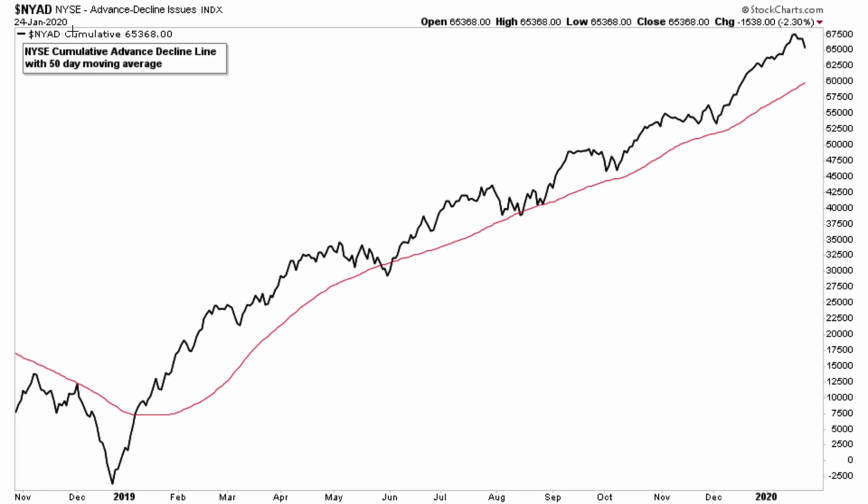This is the NYAD, which is the advance decline cumulative line. I use a 50-day moving average with it. As you can see, this has been a strong uptrend since the beginning of 2019. Obviously it pulled back last week, but we are still above a rising 50-day moving average, so it's got room to pull back quite significantly and still remain in an uptrend.